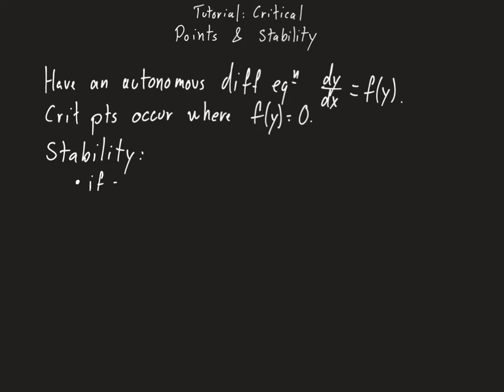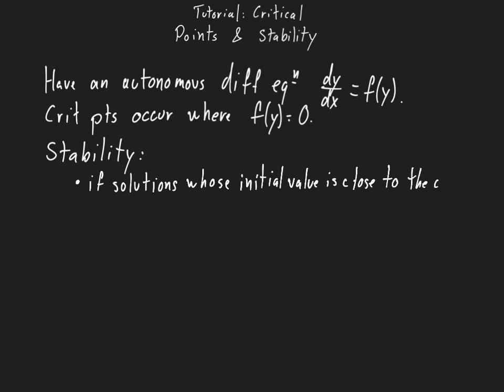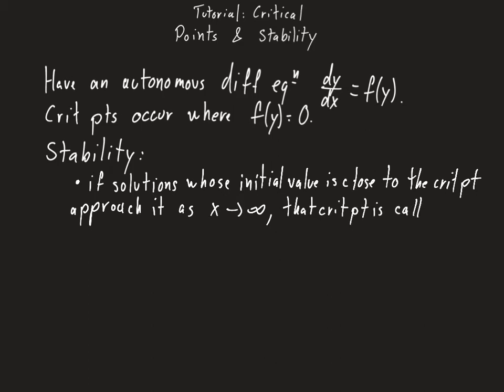If solutions whose initial value is close to the critical point approach it as x goes to infinity, that critical point is called stable.